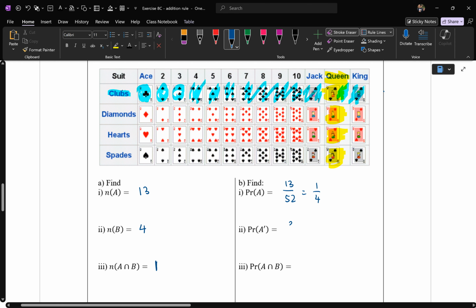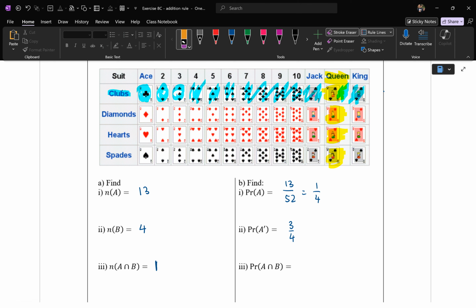Another way of thinking about it is you can take 52 minus 13 out of 52. Or if you're savvy with your fractions, we know the total probability is 1. So 1 minus the probability of A. So 1 minus a quarter gives you 3/4 as well. Okay, so there are a lot of ways to figure out the A complement there.